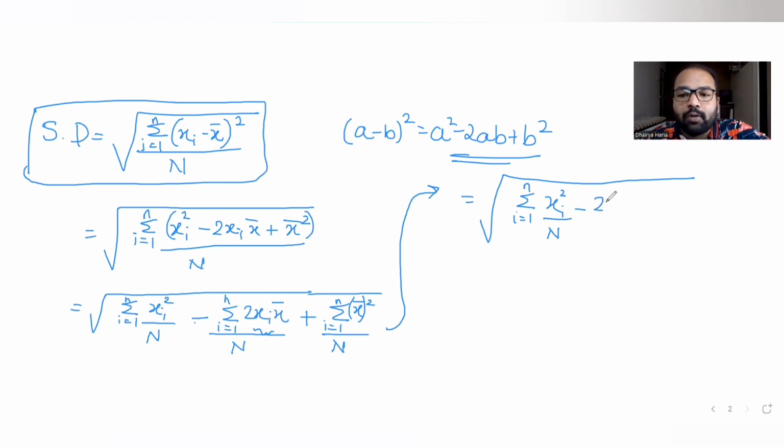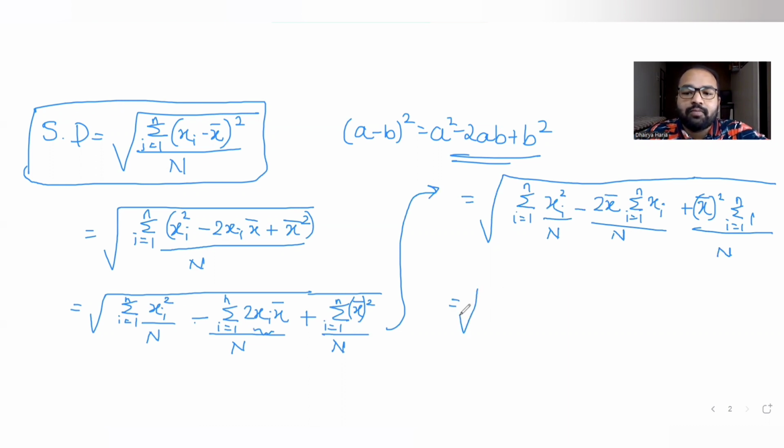So I'll take 2 and x bar out, summation of i equals 1 to n xi upon n, plus, here also x bar is a constant term, so I'll take it out, x bar the whole square, summation i equals 1 to n, and nothing is left, so 1 upon n.